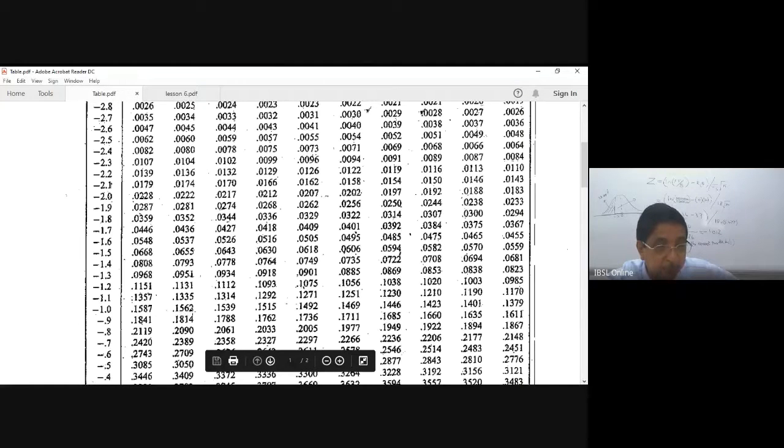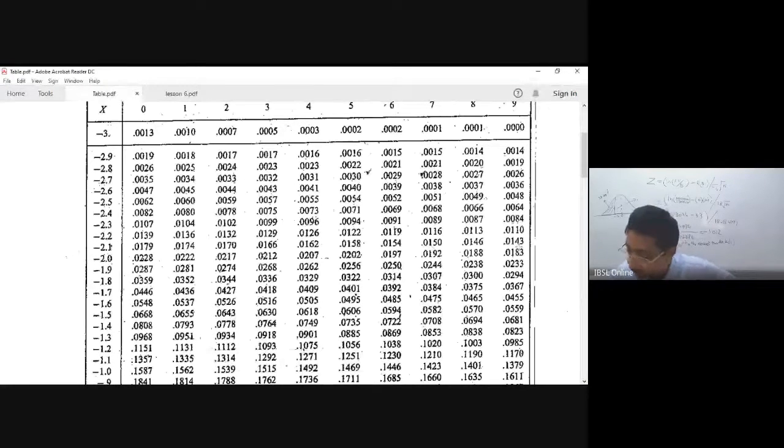So it would be 0.1562, because we need to go for minus 1.01. 0.1562 means this will be 84.38.